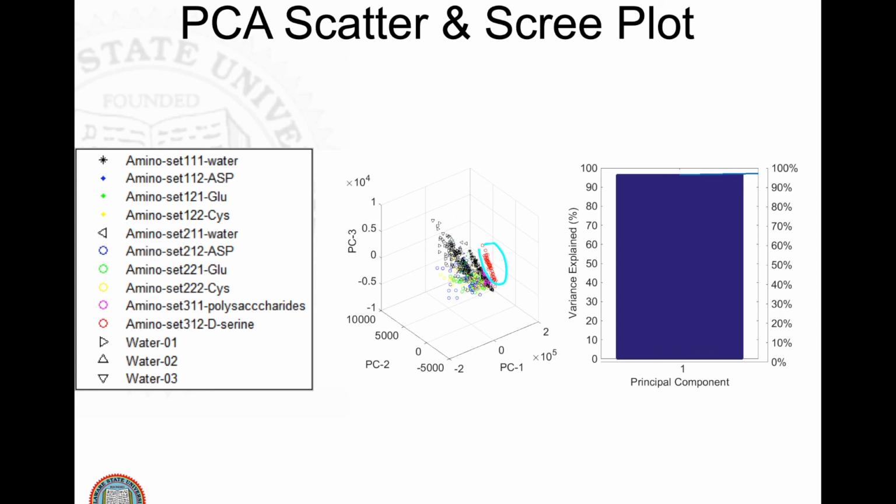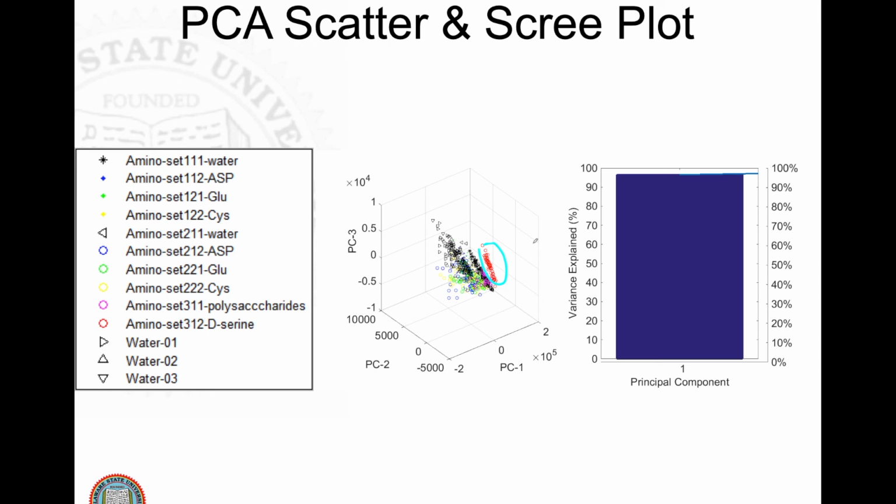It's kind of mixed in with yellow, which is cysteine, also mixed in with ASP, which is the blue. Right? Those are the ones that were common from the entropy density plot, those envelopes. And so PCA is not doing a very good job, but you can see some of the commonalities here for those points in this point cloud that are bunched together relative to those that are a little bit separated.